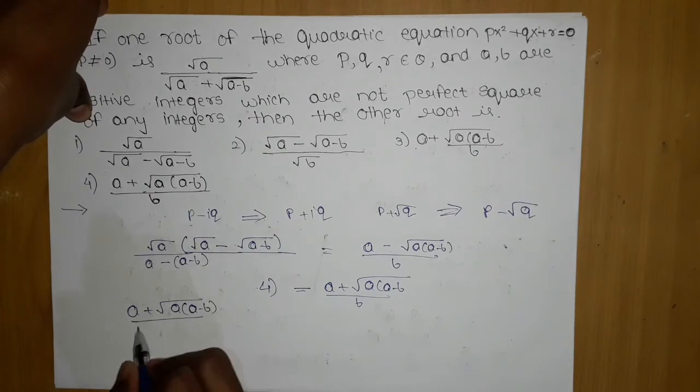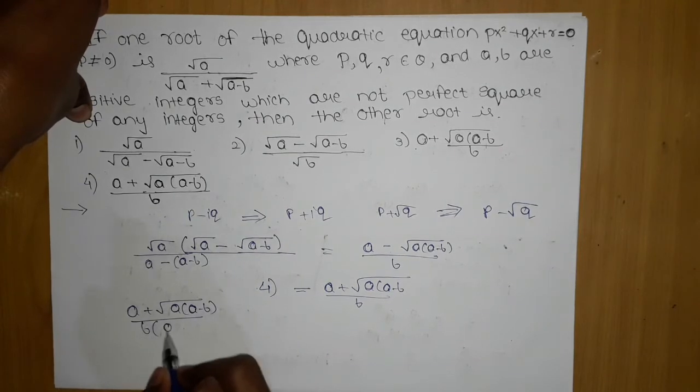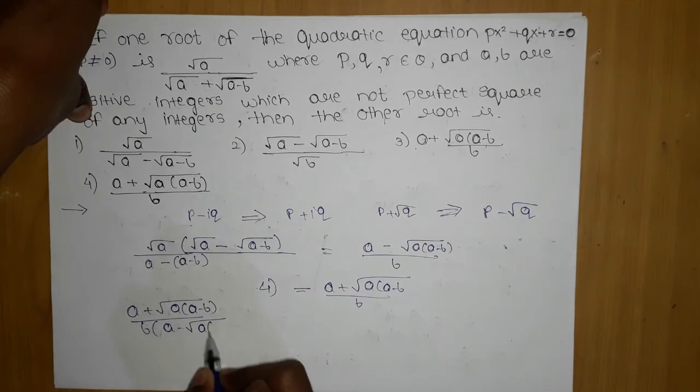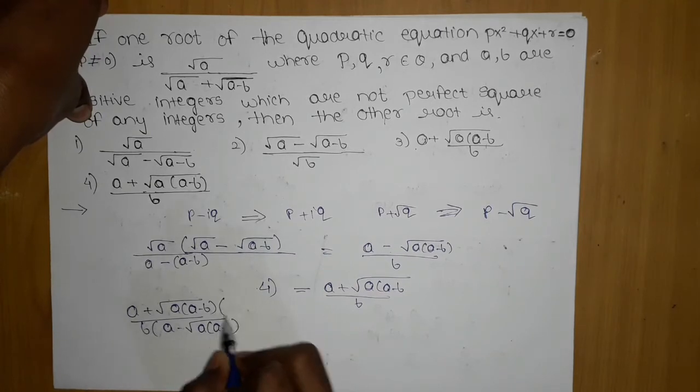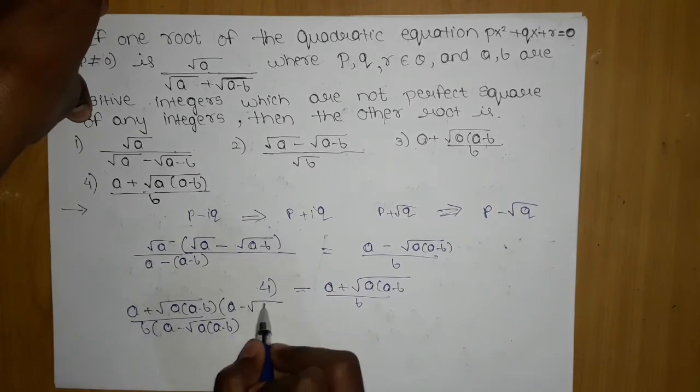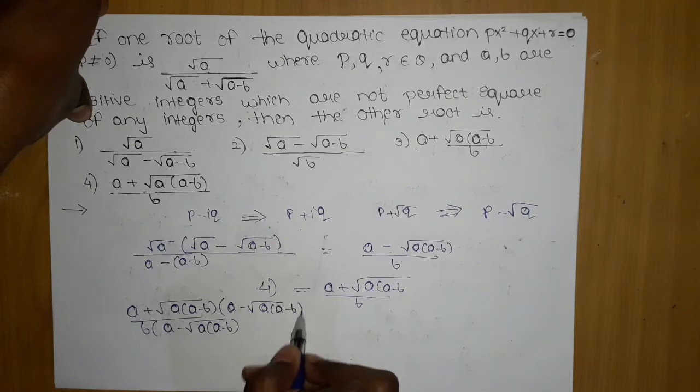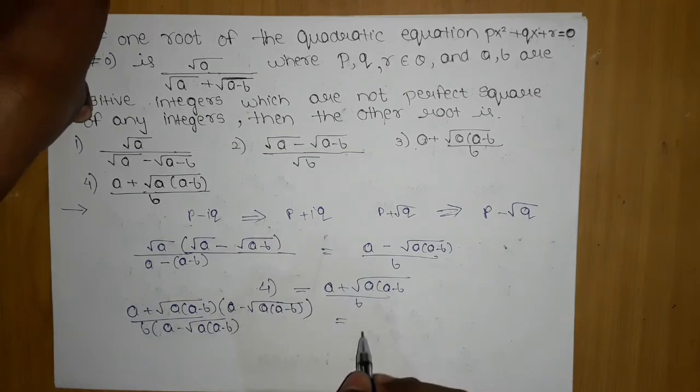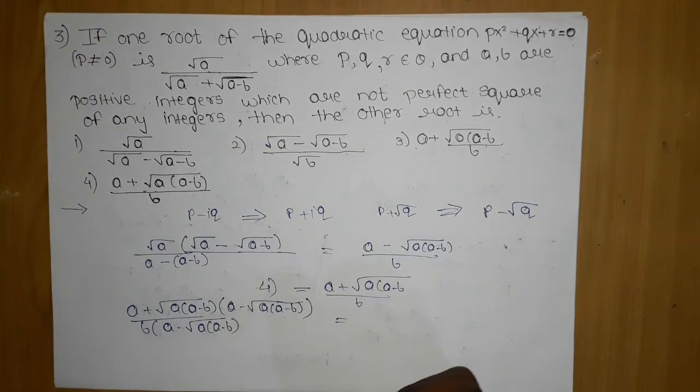Okay guys, here I have b. If I rationalize it, a minus under root a into a minus b. Now here you should be alert because there is a high probability of making silly mistakes.